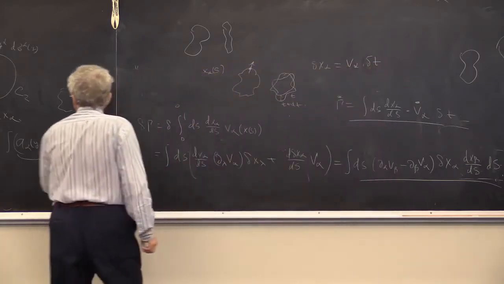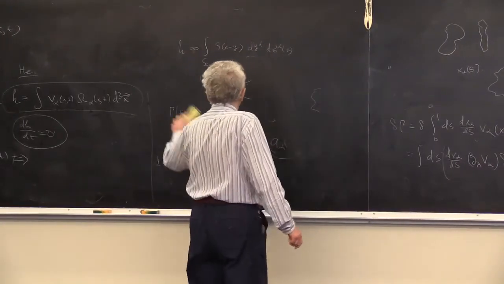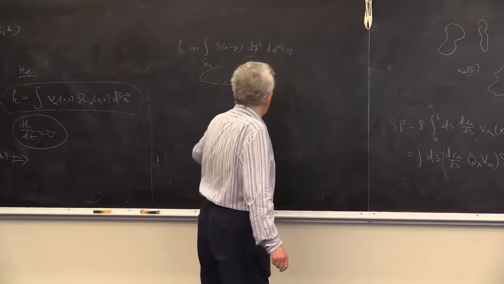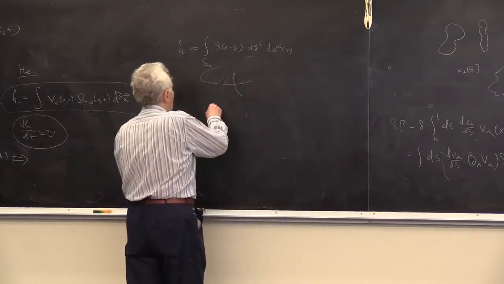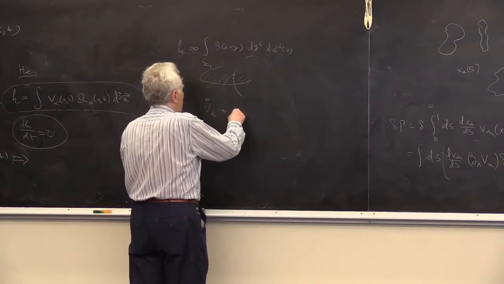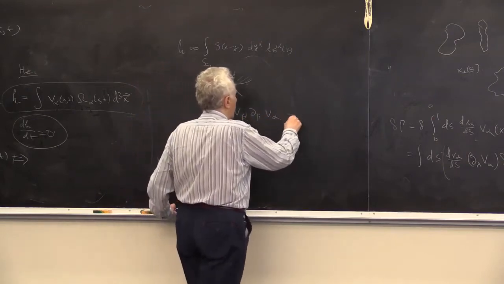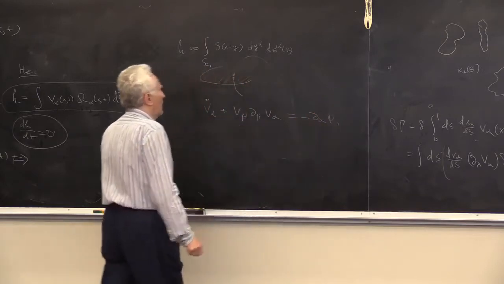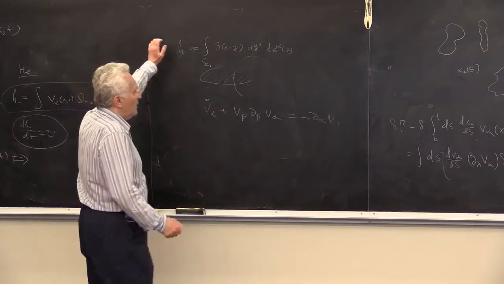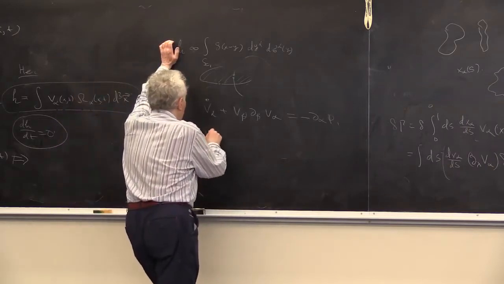And now what remains is very simple. We have the equation v alpha dot plus v beta d beta v alpha is equal to minus d alpha p. I want to rewrite this equation in a slightly different way.